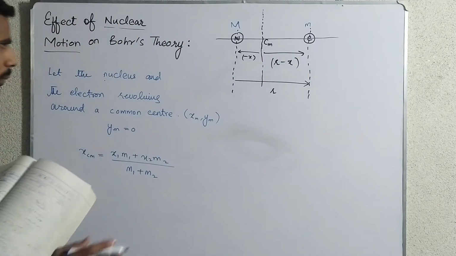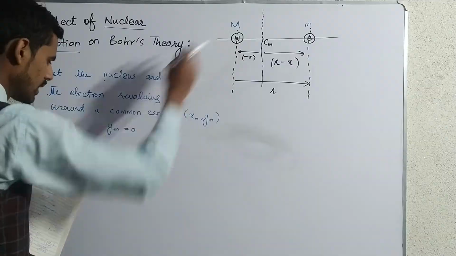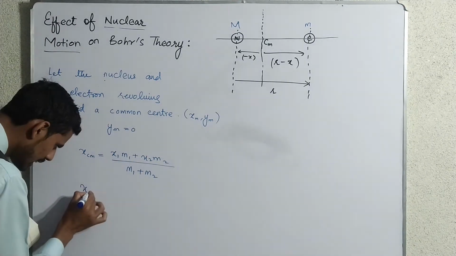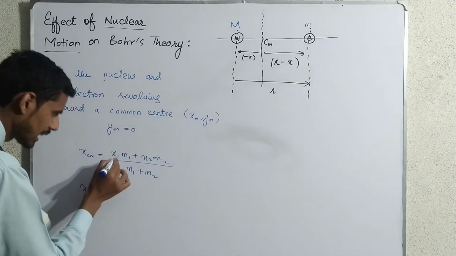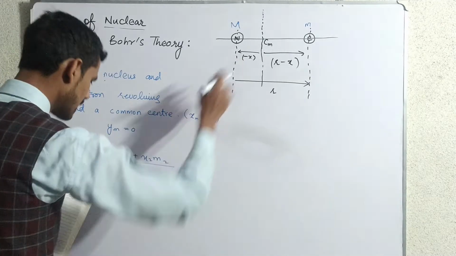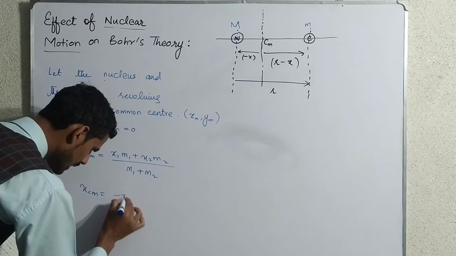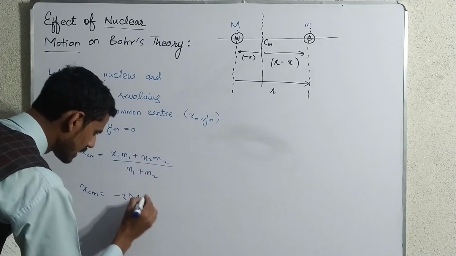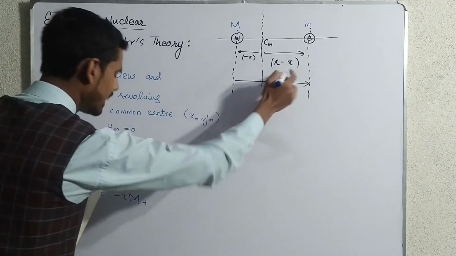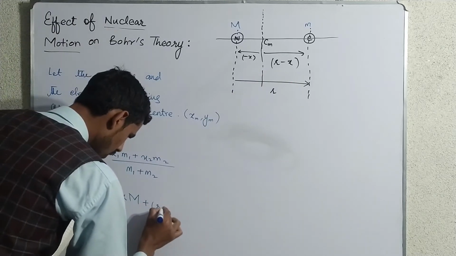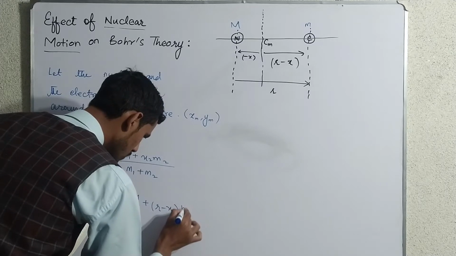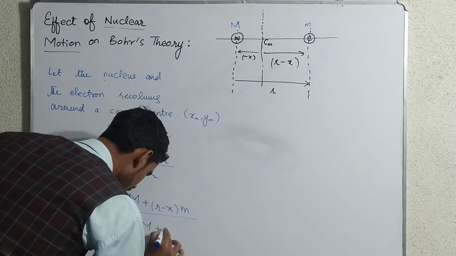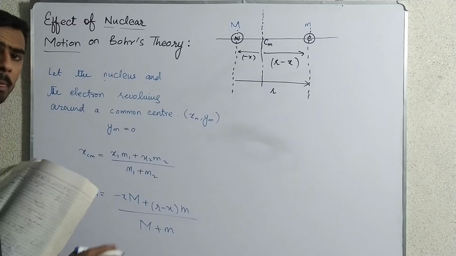Putting these values in this equation, x_cm equals (x1 is minus x, m1 is capital M, plus or minus x into small m) divided by capital M plus small m.